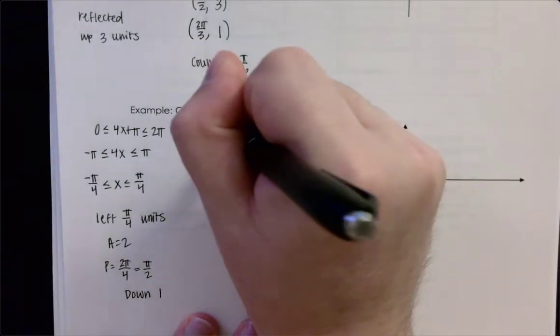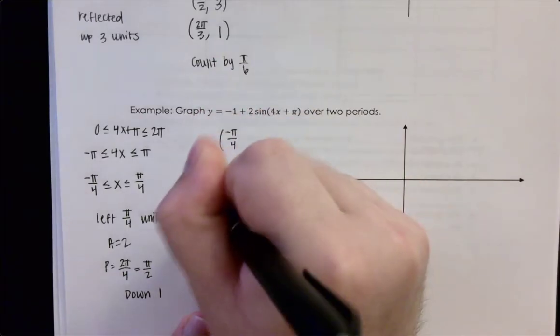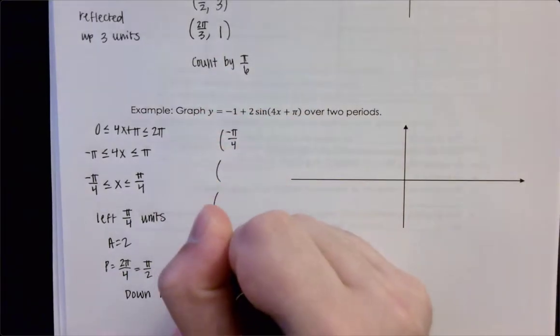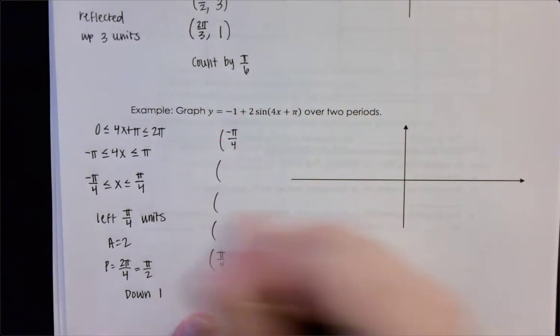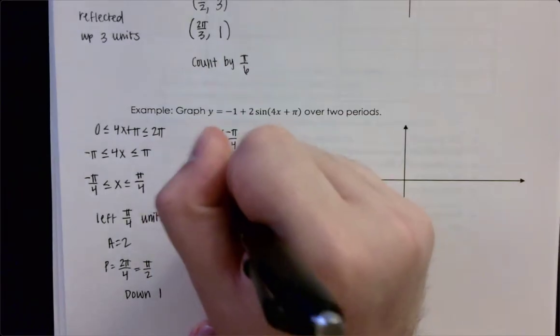So we start at negative pi over 4 and at positive pi over 4. Halfway in between would be 0.